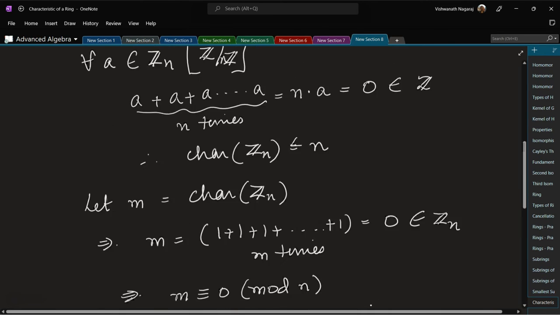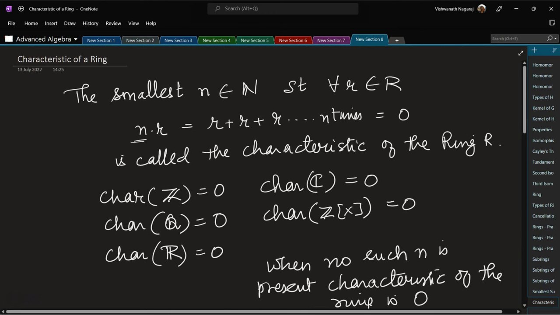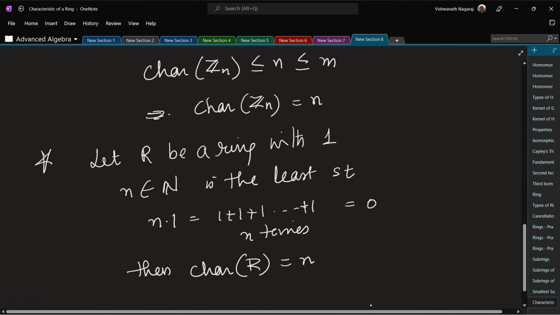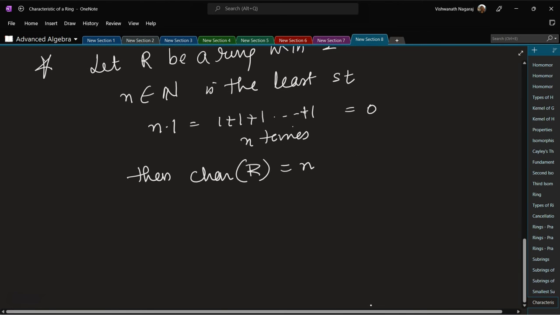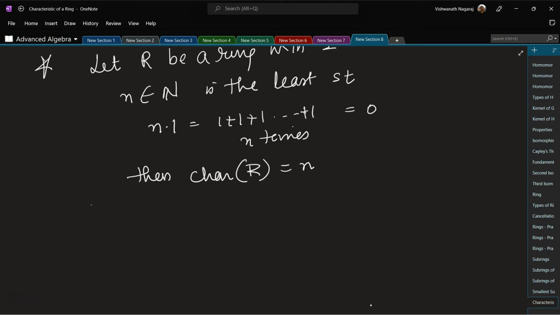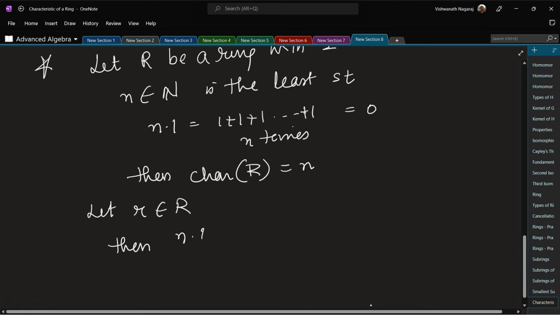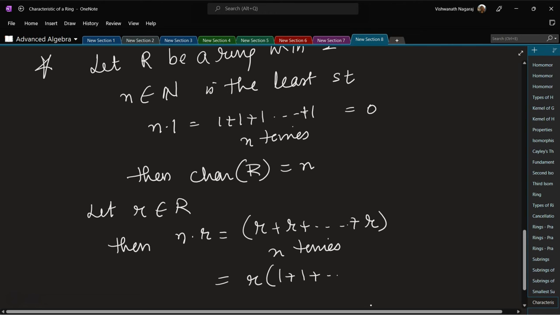So the difference between the definition and this is that here we were taking any element of R, whereas here we are taking 1 itself and adding it to itself. What this leads to is, let r belong to the ring, some arbitrary element, then n times r is equal to r plus r plus r, n times, which can be written as r common, so we can take it out: r times (1 plus 1 plus so on plus 1, n times).